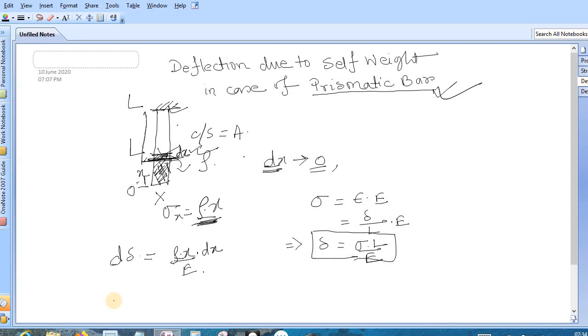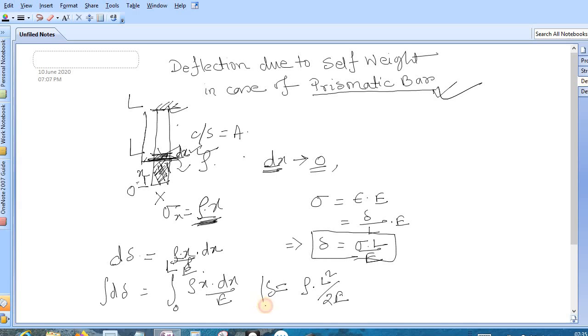Let's integrate it. We get rho x dx divided by E, and this needs to be done from length 0 to length L. From that we get rho L square by 2E.